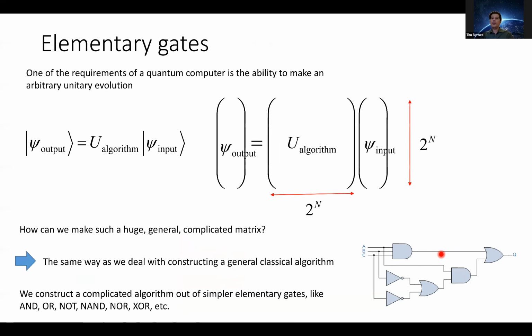Okay, so in general, we have this big complicated unitary matrix in principle. There's a lot of different matrices that you can have, because the only restriction is that this thing is unitary, and that family of matrices is big.